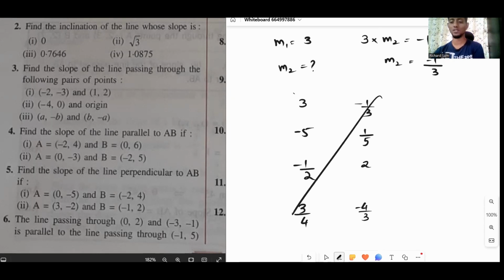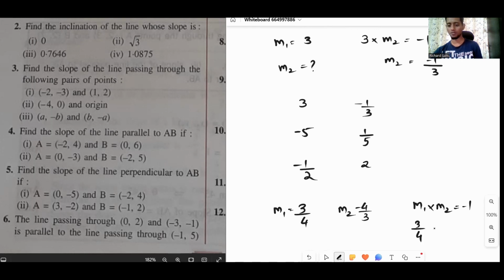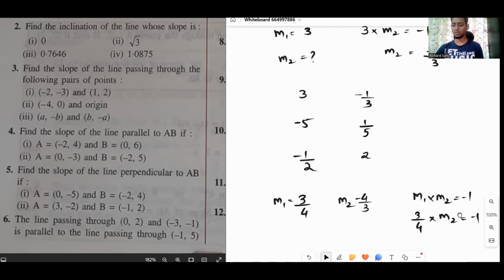Okay, if you don't want to do this, don't do this. Forget this. You just use the formula. I was trying to make it easy for you, but it looks like some of you are getting confused. Just put the formula. This is M1. If you want to find M2, put in the formula: M1 into M2 is equal to minus 1. So put the value here. M1 is 3 upon 4. So 3 upon 4 into M2 is equal to minus 1.